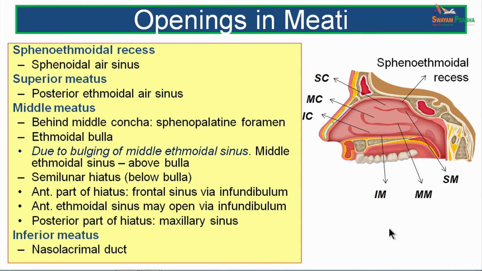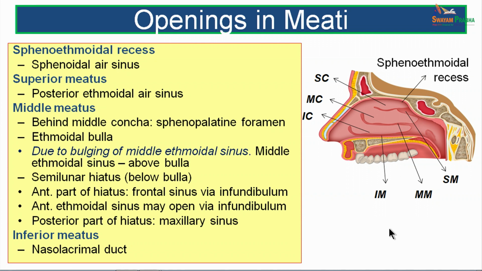This ethmoidal bulla is due to the bulging of the middle ethmoidal air sinuses. The middle ethmoidal air sinuses open just above this bulla ethmoidalis. Below the bulla ethmoidalis, we see a semilunar hiatus or hiatus semilunaris.